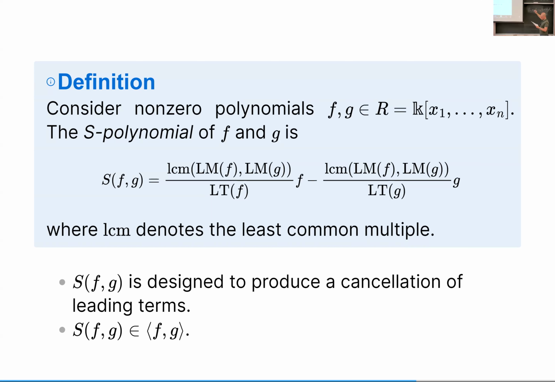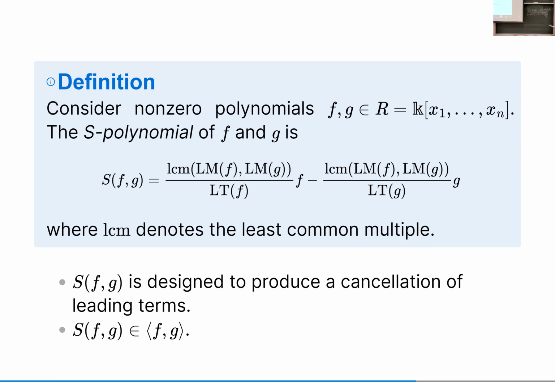And I'm going to always use the graded lexicographic order. So when you compute the least common multiple of the leading terms of those, well, okay, this one is y squared, this one is xy, and so it should be xy squared.